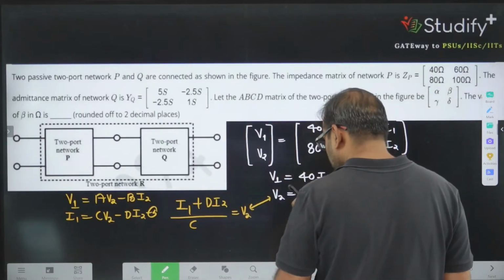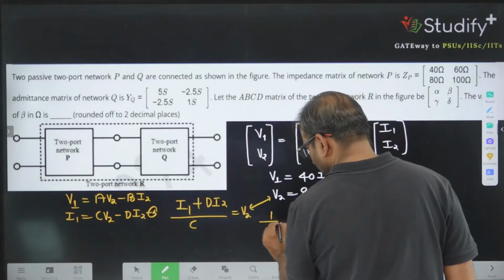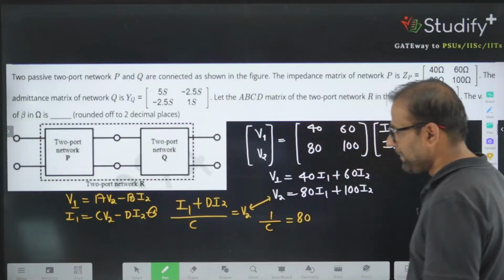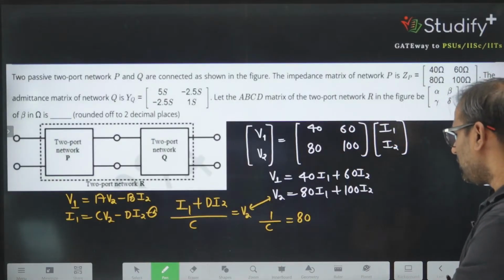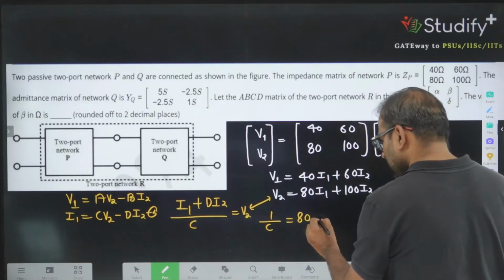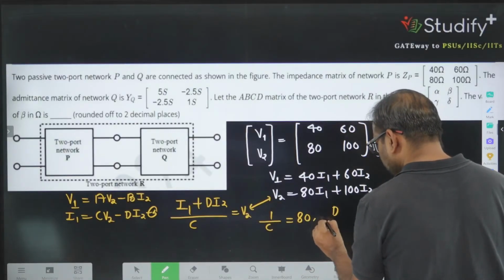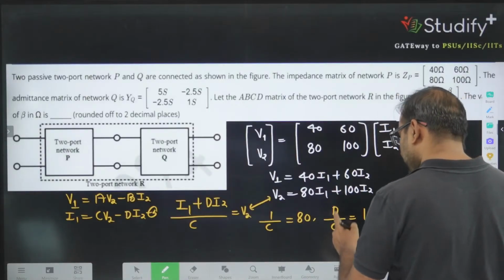So what is the value of 1 by C? 1 by C is equivalent to 80. And what is the value of D by C? D by C equal to 100 and 1 by C equal to 80.